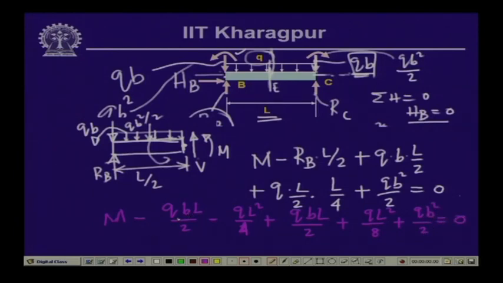Now, from here if you look, this term gets cancelled, and so M is equal to, now Q L square by 4 negative and Q L square by 8 positive. So, that gives us Q L square by 8 negative.